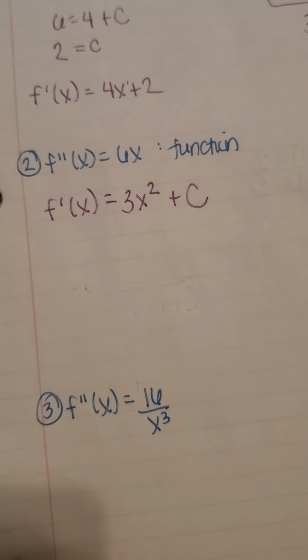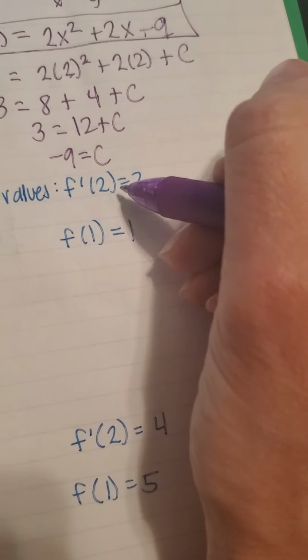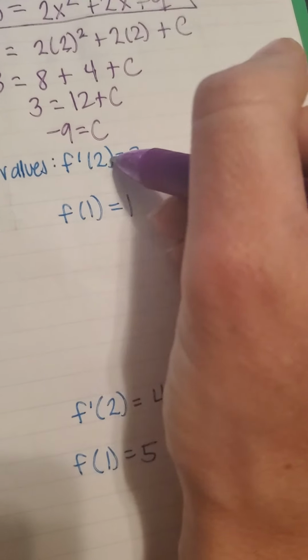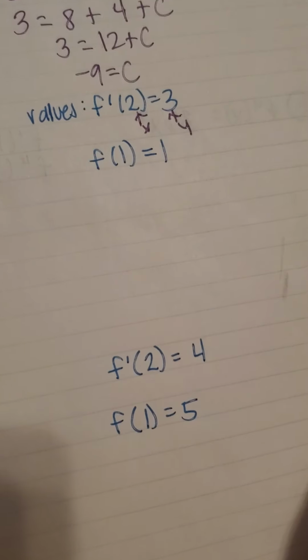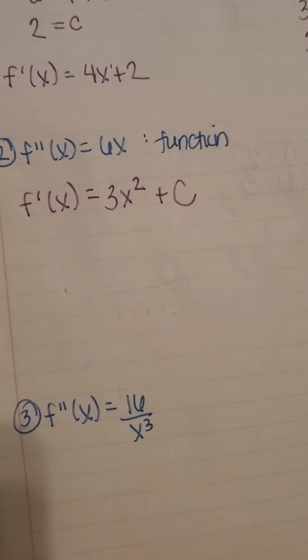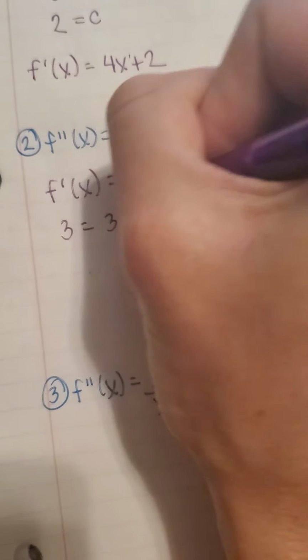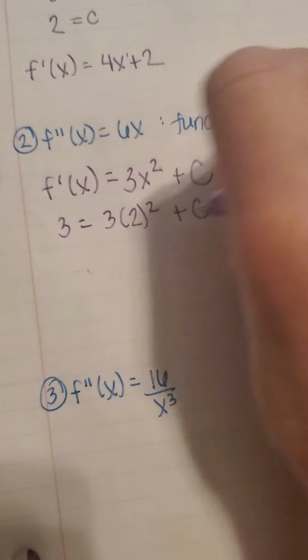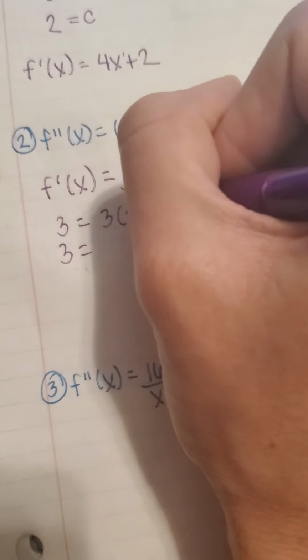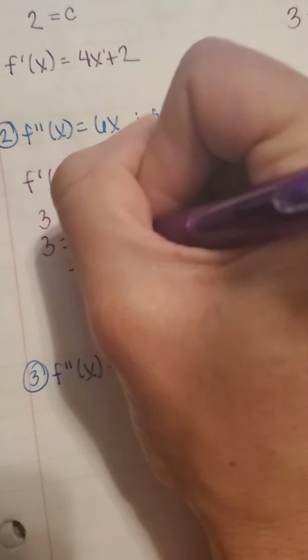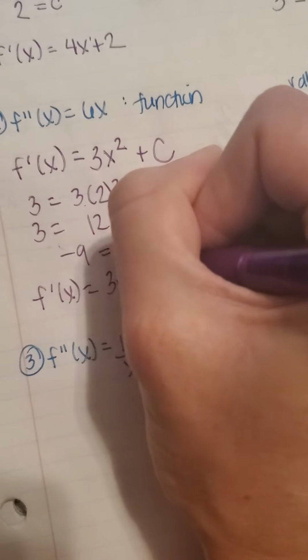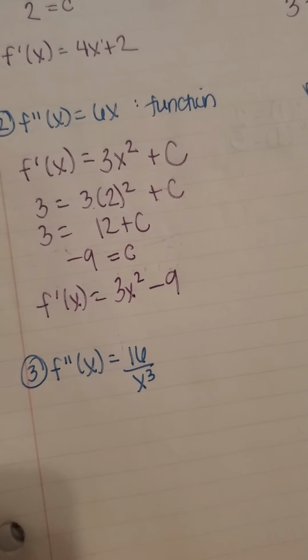And then plug in the information that you know, and of these two, which one has a tick mark? This one. So this is the x I want to use, and this is the y I want to use. So I'm going to have 3 equals 3 times 2 squared plus c. So 3 equals 3 times 4. So 12 plus c, that means that c is -9. So now I have 3x squared minus 9.